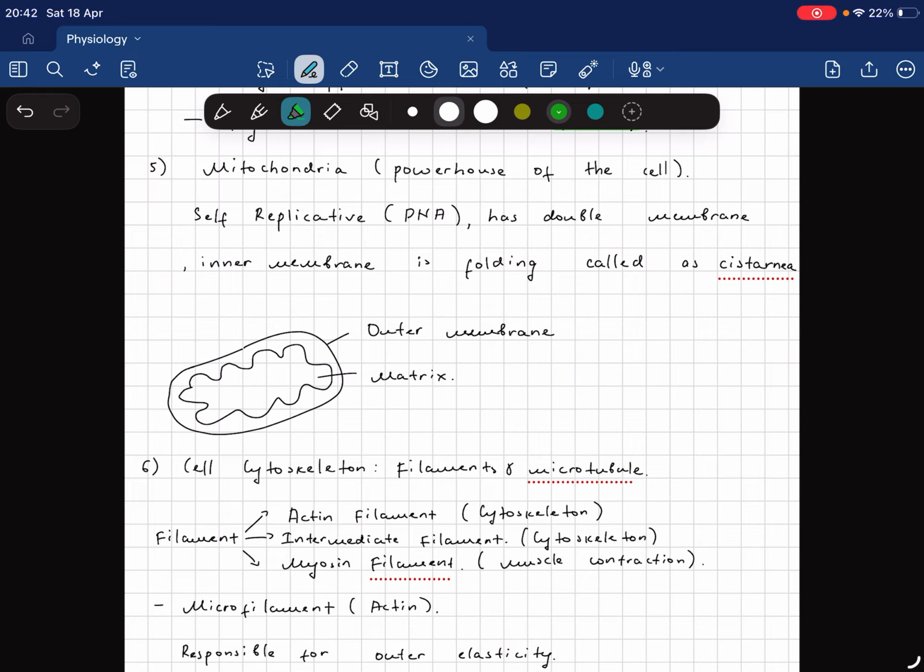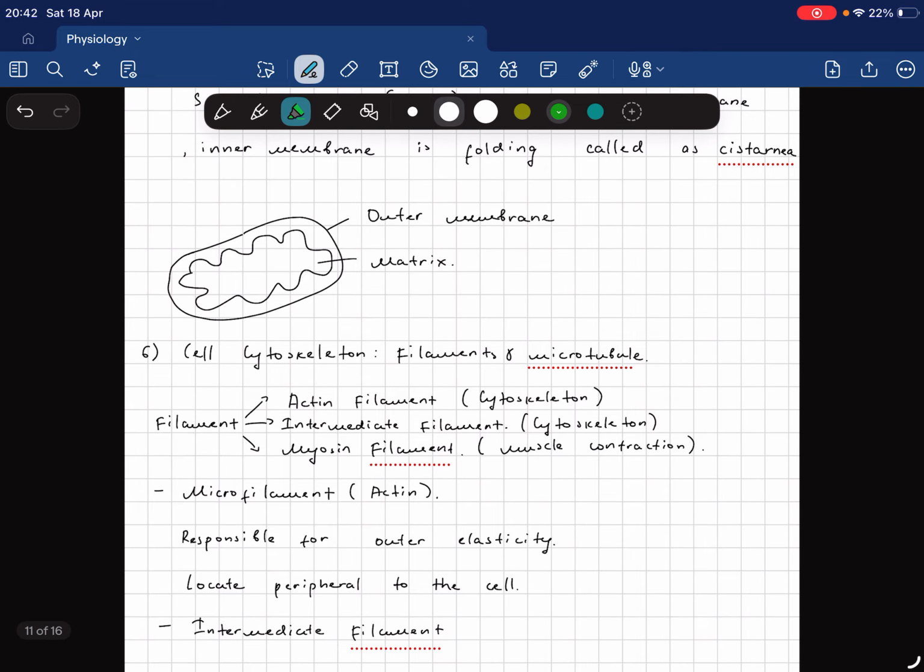I think that is obvious, because whenever something has DNA, it has a double membrane, right? So there is an inner membrane and an outer membrane. The outer membrane is just protective, and the inner membrane is also called cristae because it is basically foldings. Inside is called the matrix, as you can see from here.